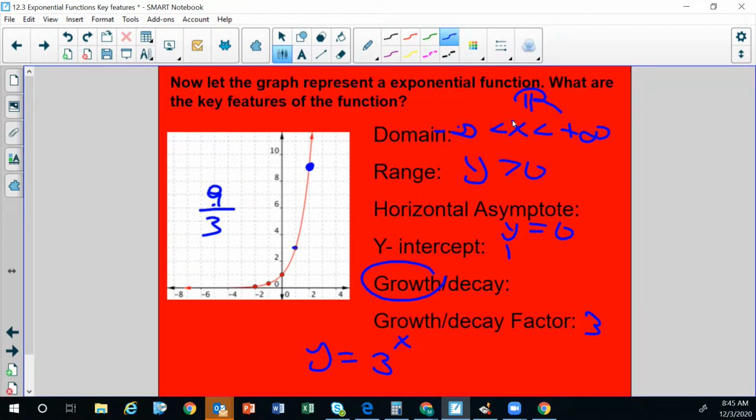My highest y is going to be 9, but how do we write it? Yeah, the highest value for the y is going to be 9. If I put a restriction on the graph, this is my restriction right here. So what's my range going to be?